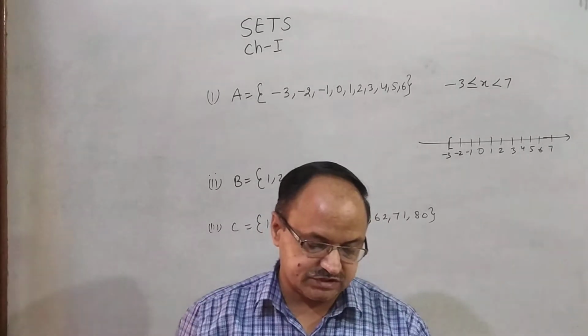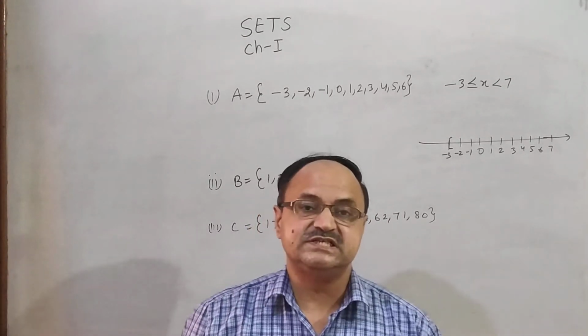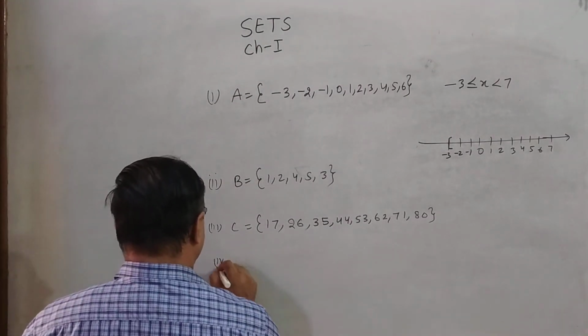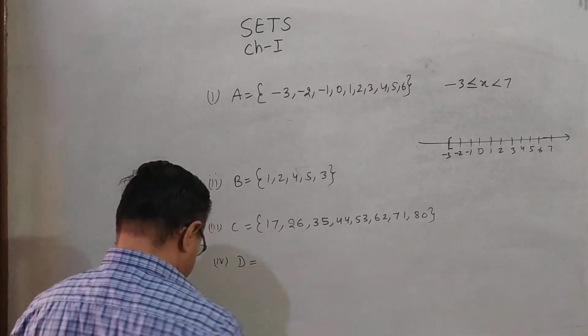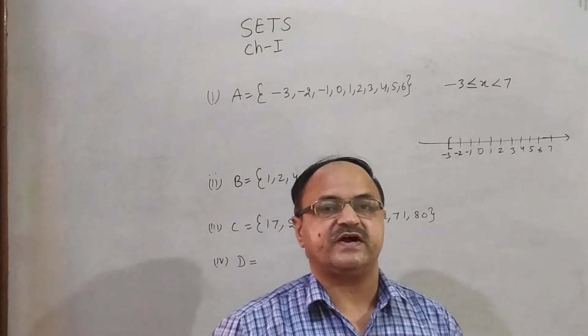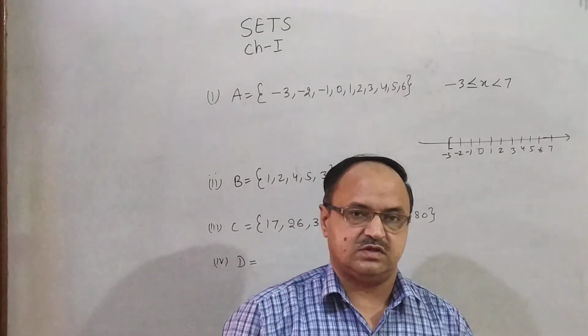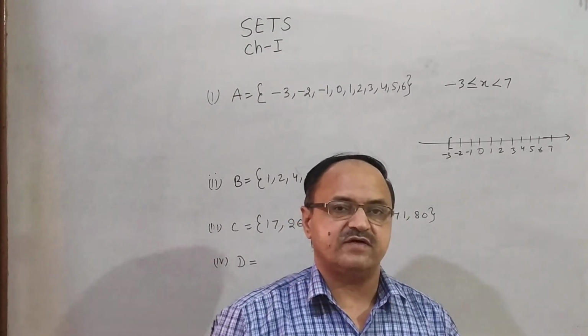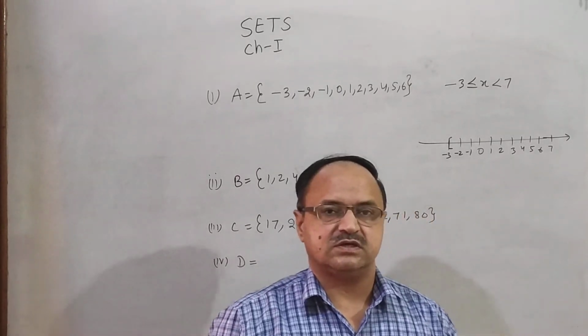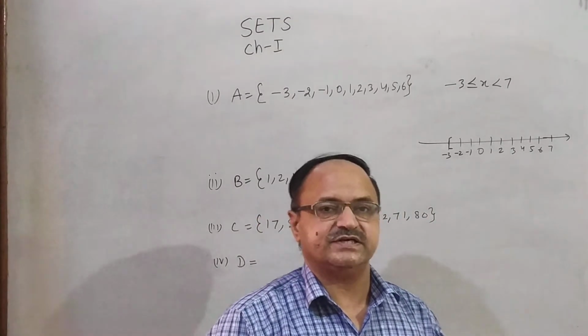Next, fourth part of this question. X is a prime number which is a divisor of 60. Prime number you know very well. For example, 2 is a prime number. The factors of 2 are 1 and 2. Only 2 factors. A number having exactly 2 factors is called a prime number. For example, 3 is a prime number because the factors of 3 are 1 and 3.